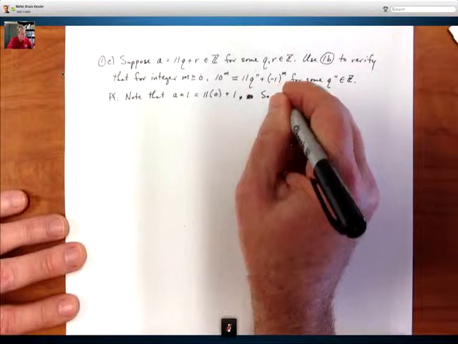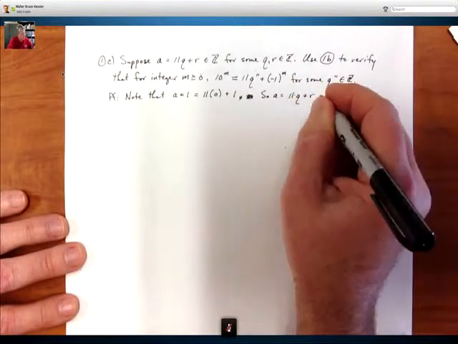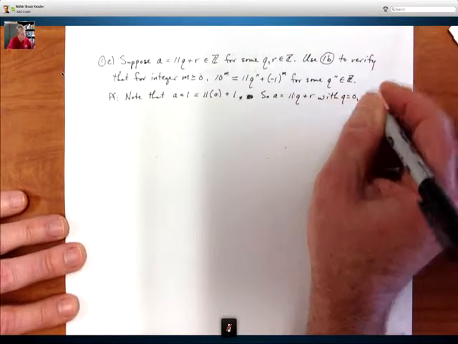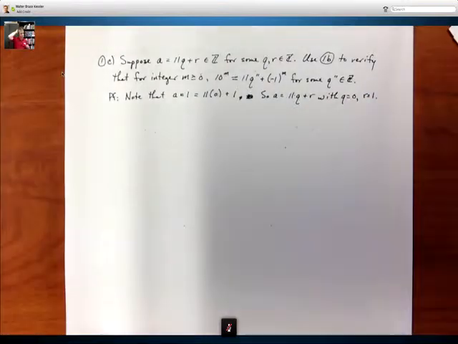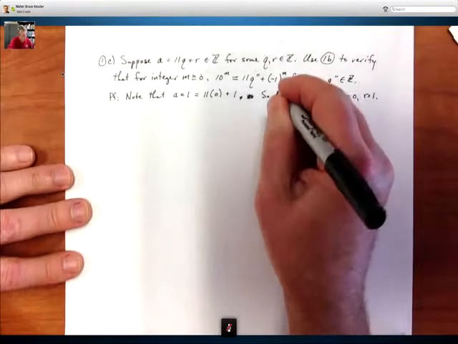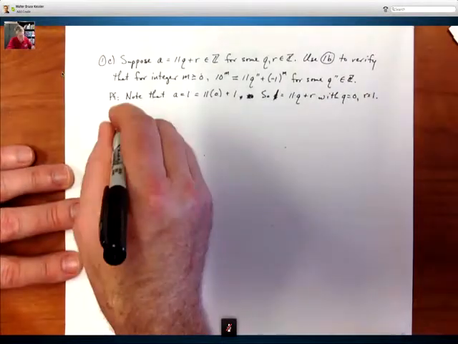Okay, so a has the form 11q plus r with q equals 0 and r equal to 1. Okay? And I should say a is 1. Right? A is 1.